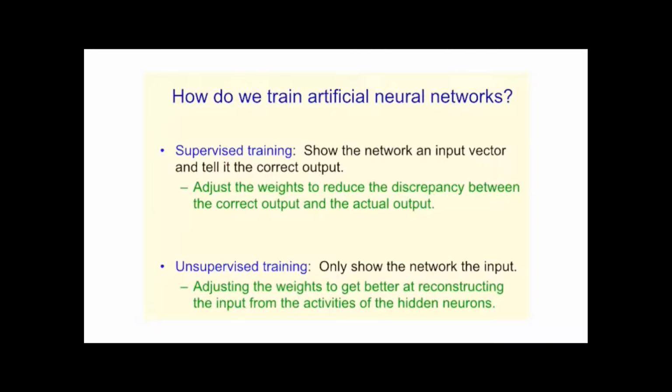So how do we train an artificial network? There are two basic modules of training. One is supervised training. Show the network an input vector and tell it the correct output. What the network then has to do is adjust the weights to reduce the discrepancy between the correct output and the actual output.